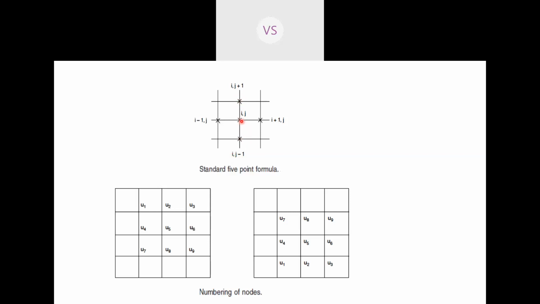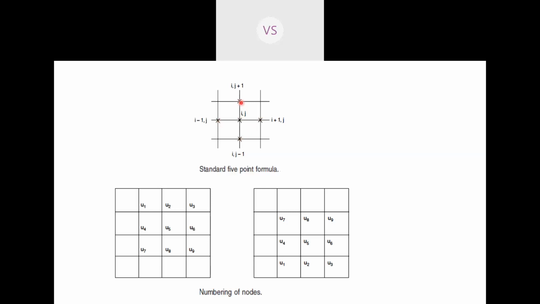The central point is i,j. On the left it will be i-1,j. On the right it will be i+1,j. On the upper side it will be i,j+1. When we go below it will be i,j-1. So we have 4 neighboring points. What is the formula? u(i,j) is equal to 1/4, and in brackets you add all these 4 terms.